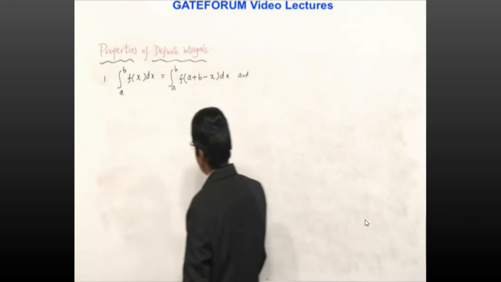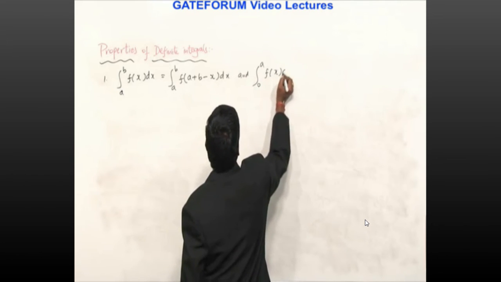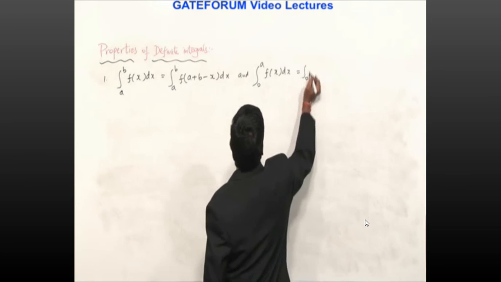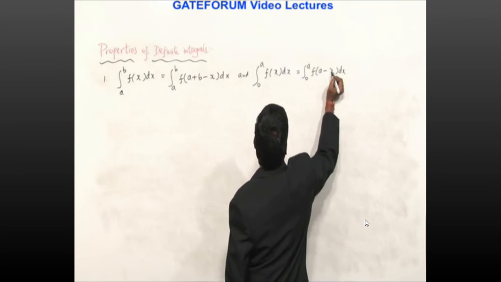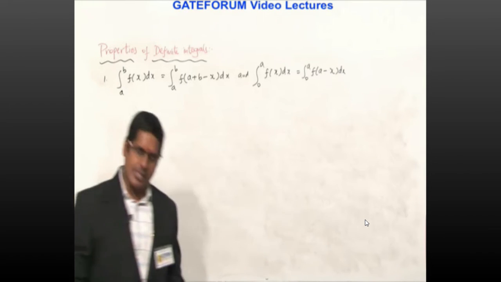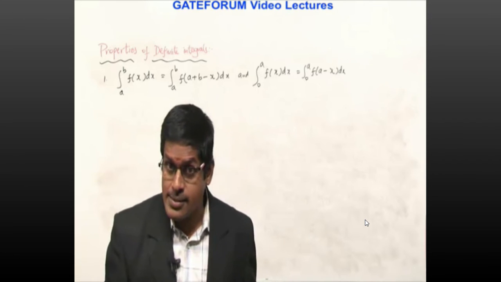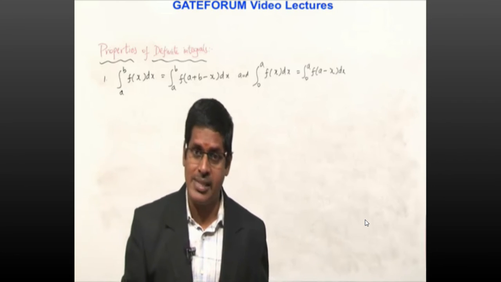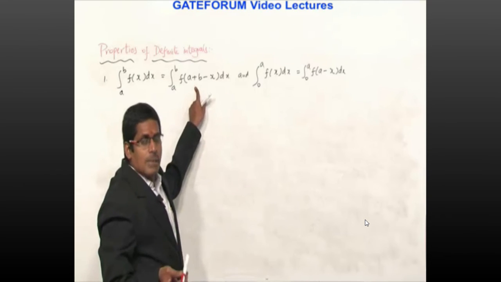Similarly, if I take a equal to 0 and b equal to a, 0 to a f of x dx is equal to 0 to a f of a minus x dx. So x is replaced by the sum of the limits, a plus b, minus x. Okay, so the later form, the right side integral, may become simpler.